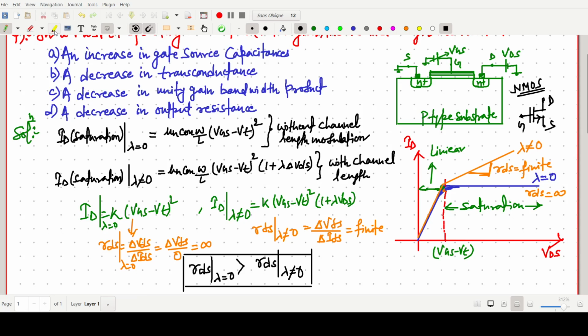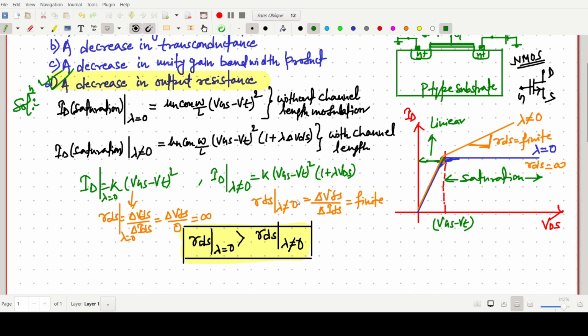So what we observe is that the output resistance will always be lesser, or decrease, as the drain to source voltage increases. So in the case of channel length modulation, the output resistance will decrease. So our correct option is option D.